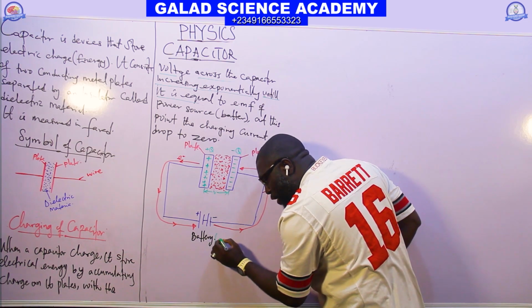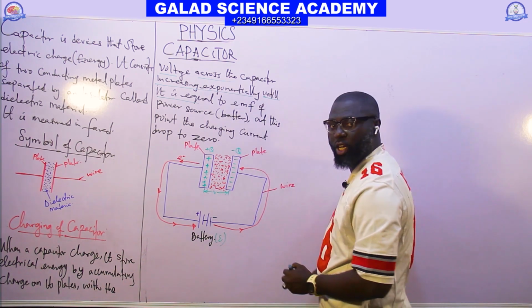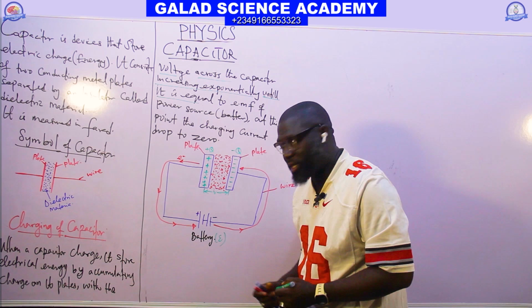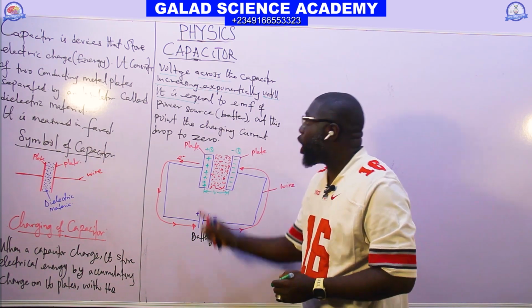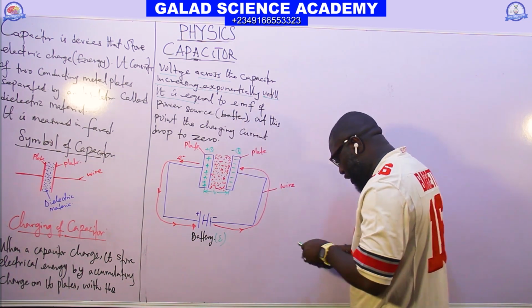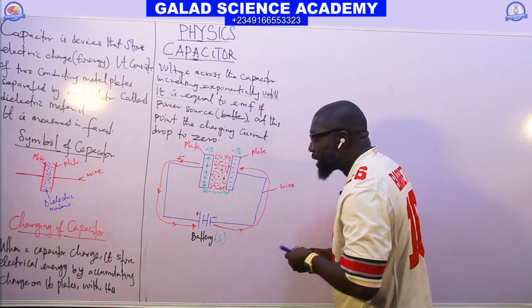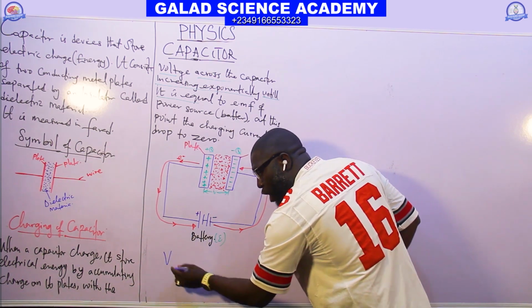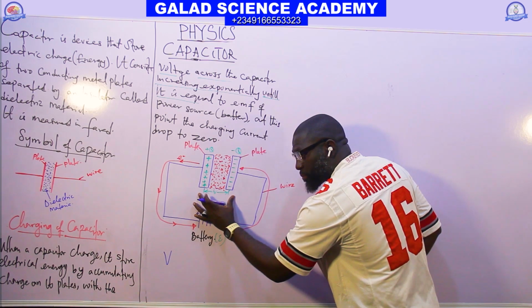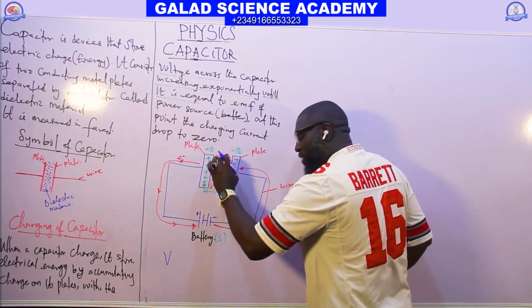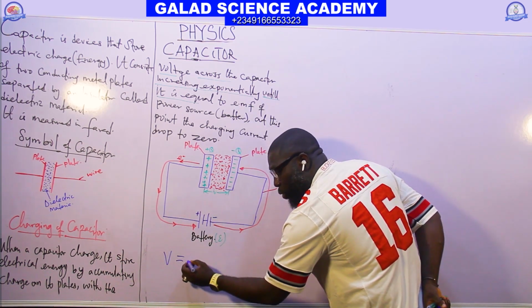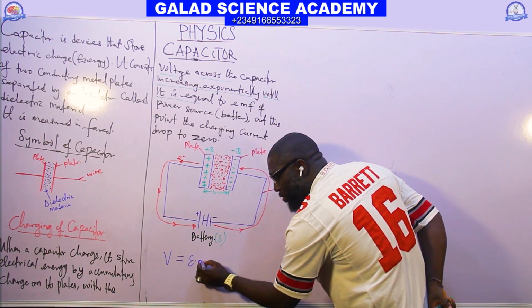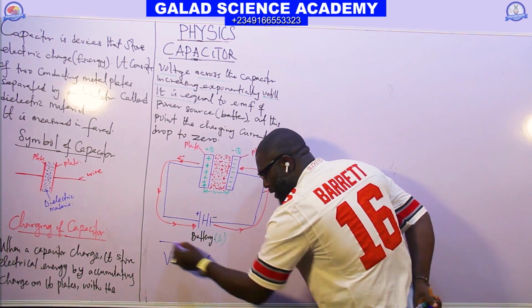And mind you, the EMF of the battery will also decrease until the voltage of the capacitor, the potential difference of the capacitor, is equal to the EMF of the battery.